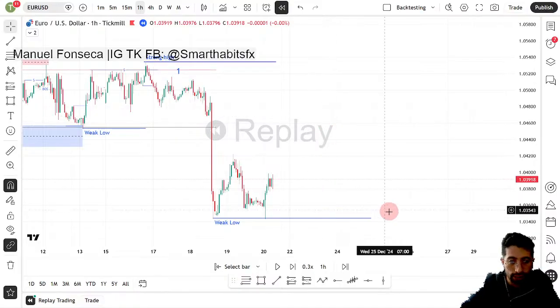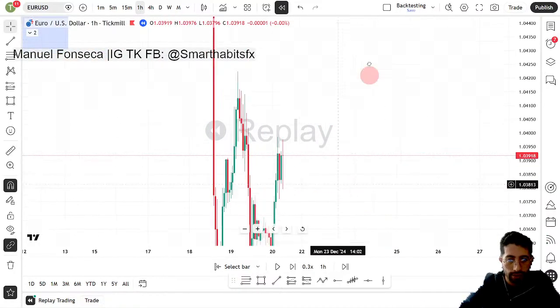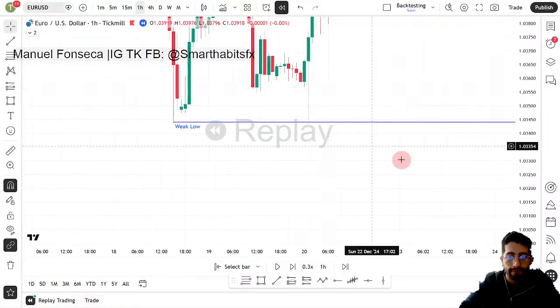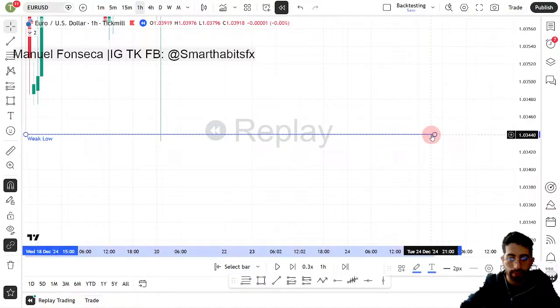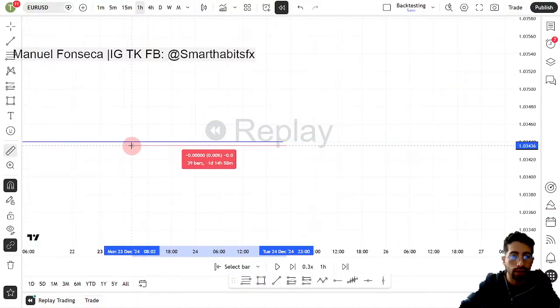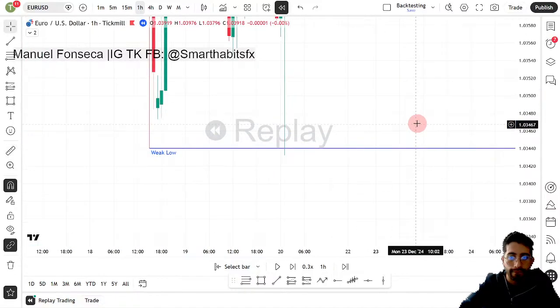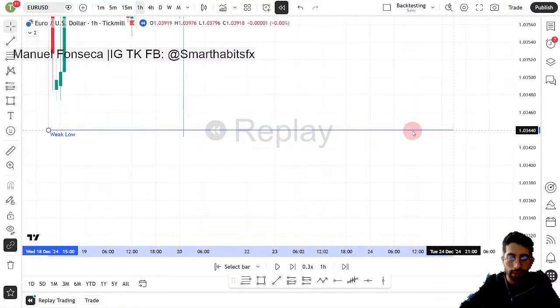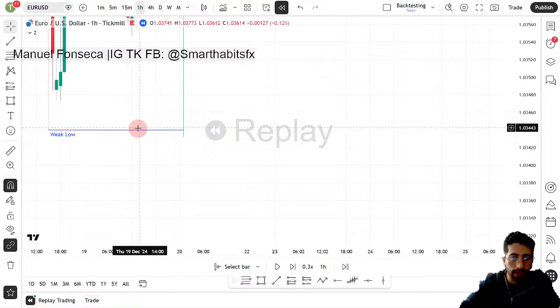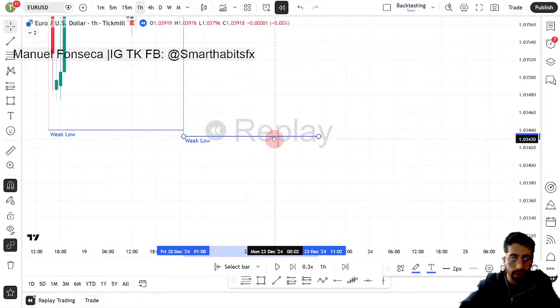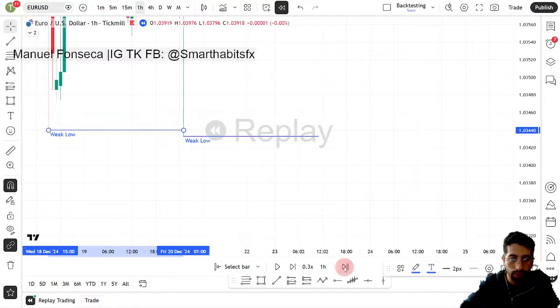All right. If you see here, look, do we have a confirmation ending so far? What do you think? Well, at least we have the liquidity sweep. Boom. At least we have the liquidity sweep right here. And now we have this, the new weak high.